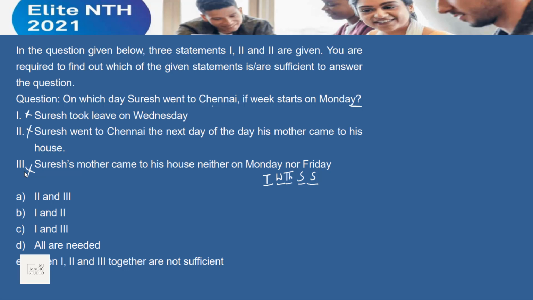This piece of information alone is not sufficient to answer. Suresh, now I'm asking you, when did you go to Chennai? And Suresh said, I have no data given to you so that you can answer it. Even 1, 2 and 3 together are not sufficient to answer. Then when did Suresh go to Chennai? Happy journey, Suresh.